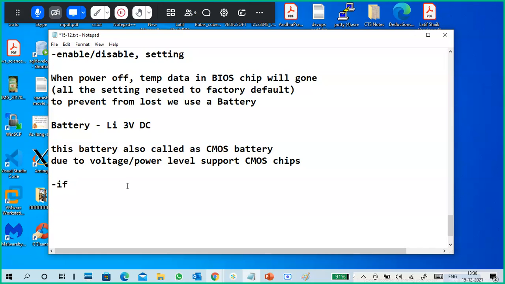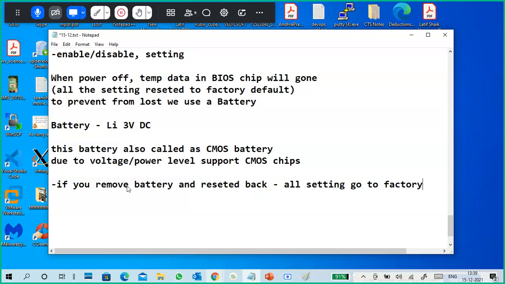If you remove the battery and reset it, all settings go to factory default. That is the one thing.